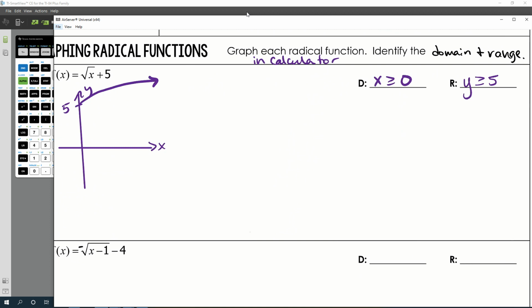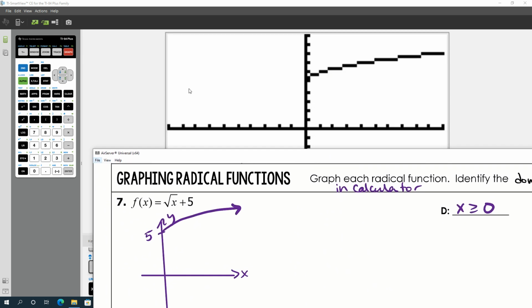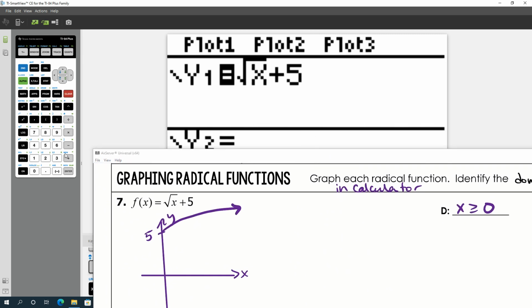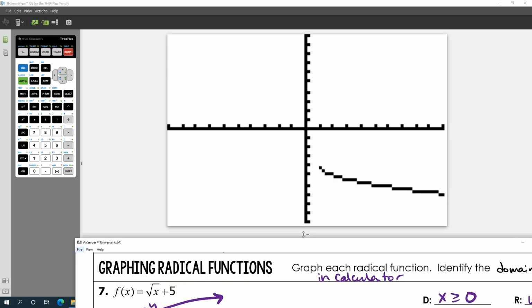All right, let's type in the next one, number 8. And that's a negative in the front. You can kind of tell I changed it a little bit. All right, there it is.